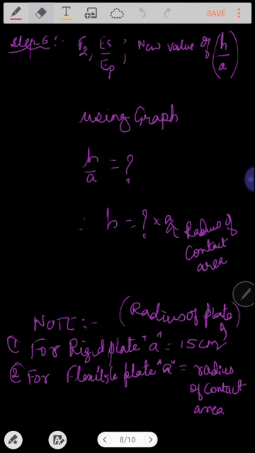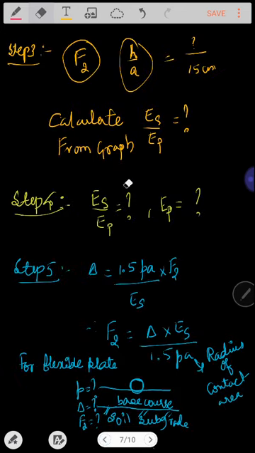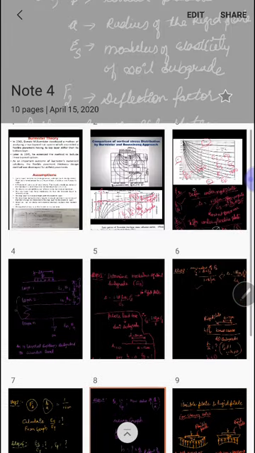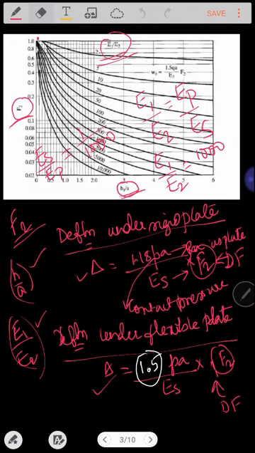So in step number 6, after calculating F2 with the flexible plate, we also have the value of Es upon EP, which we determined in step number 4. By knowing F2 from step 5 and Es upon EP from step 4, we will calculate the new value of H upon A using the graph.